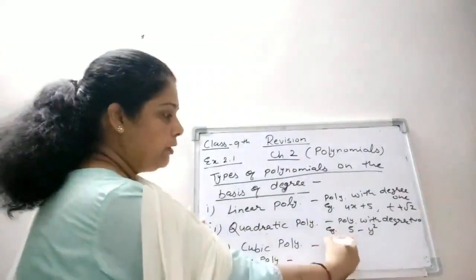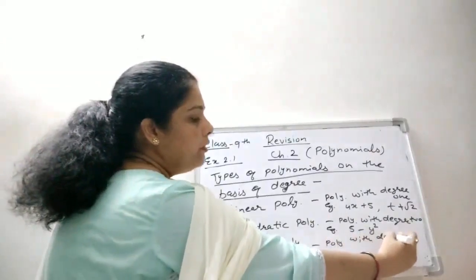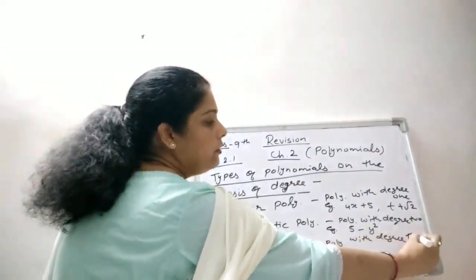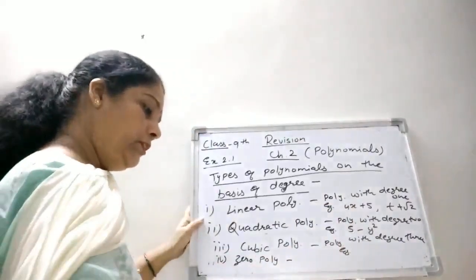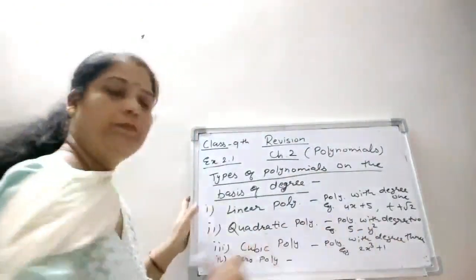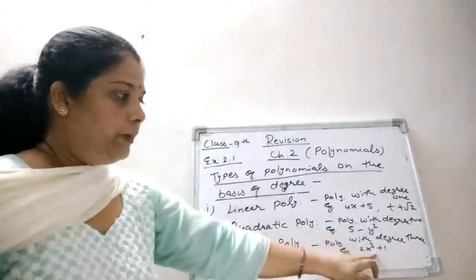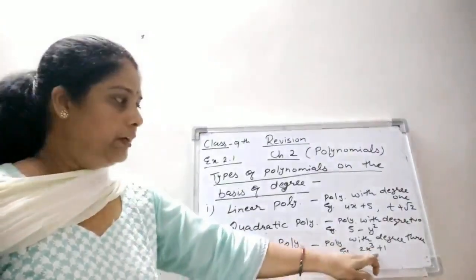Now cubic polynomial. Polynomial with degree 3. For example, 2x cubed plus 1. Now here the variable is x and the power of this x is 3. So the degree here is 3.